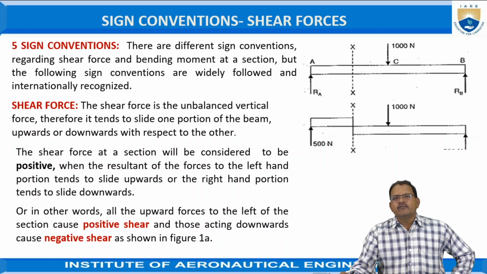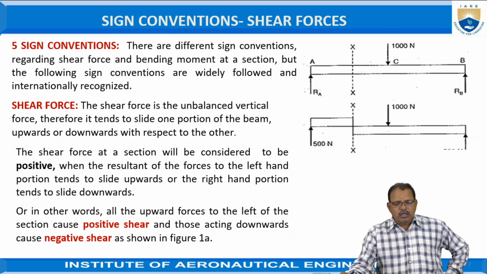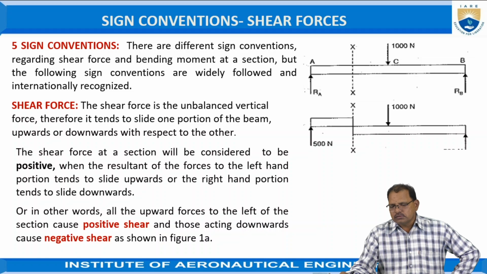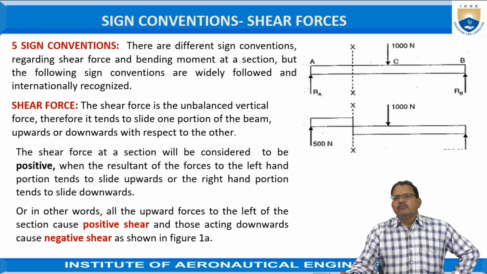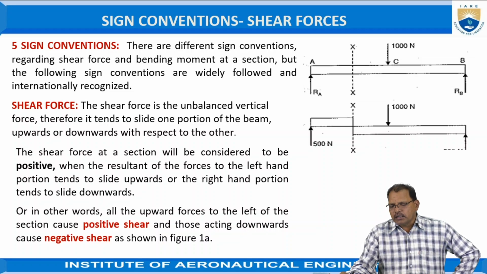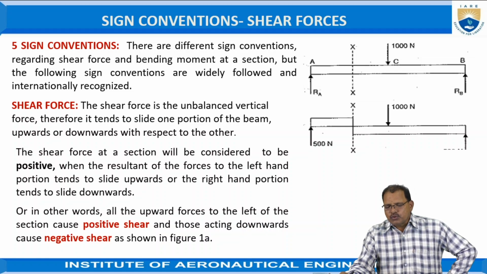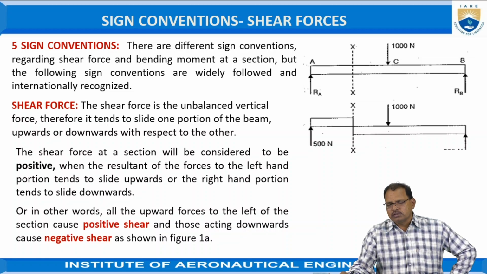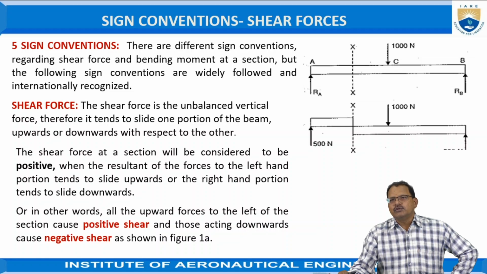Based on this direction, some forces are treated as positive and some as negative. According to the sign convention, if the effect of the vertical force on the beam is such that the left hand portion of the beam moves in the upward direction, that force is treated as a positive force.